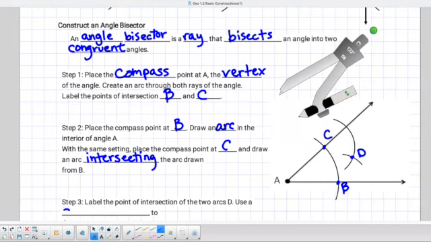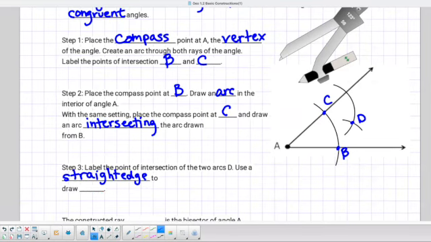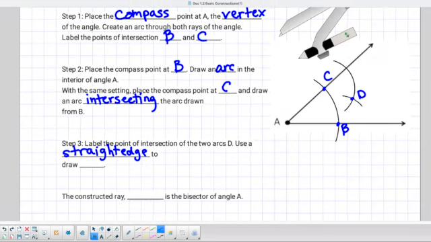Use a straight edge to draw a ray. And the way that we write a ray is with the letters AD with a ray symbol on top of the letters AD.